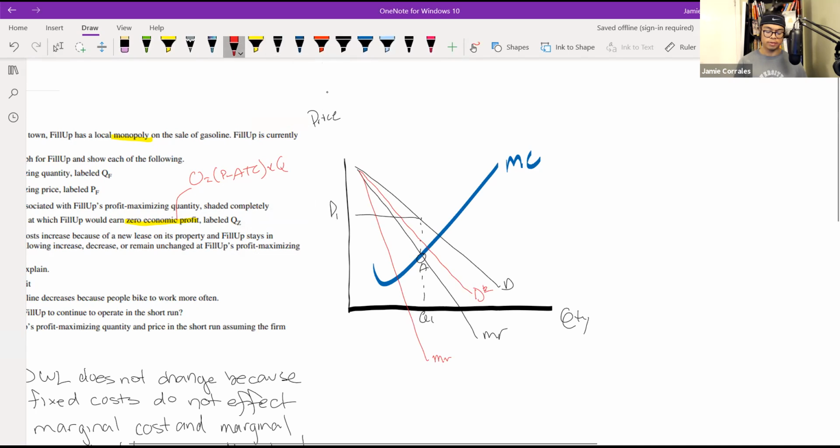But now, because of the demand shift, the new profit maximizing quantity is at Q2. I guess I didn't really draw it well. Let's make it a bit smaller. Wait, what did I do? There.